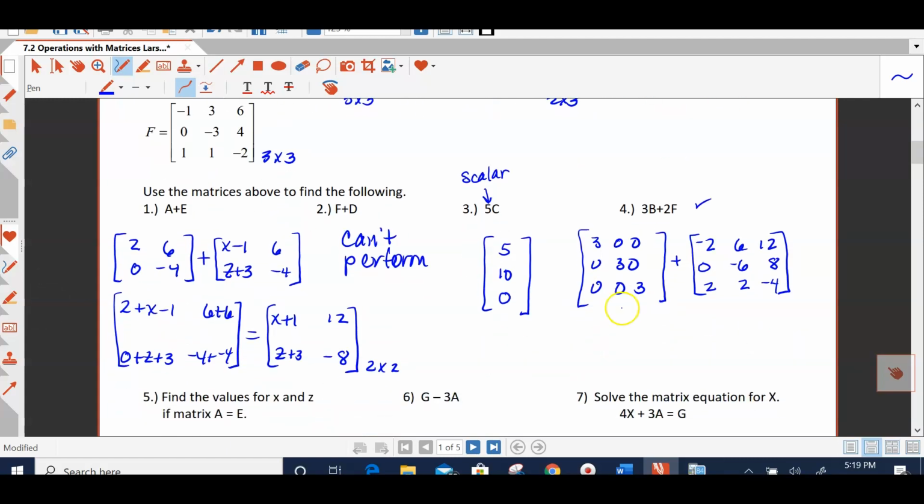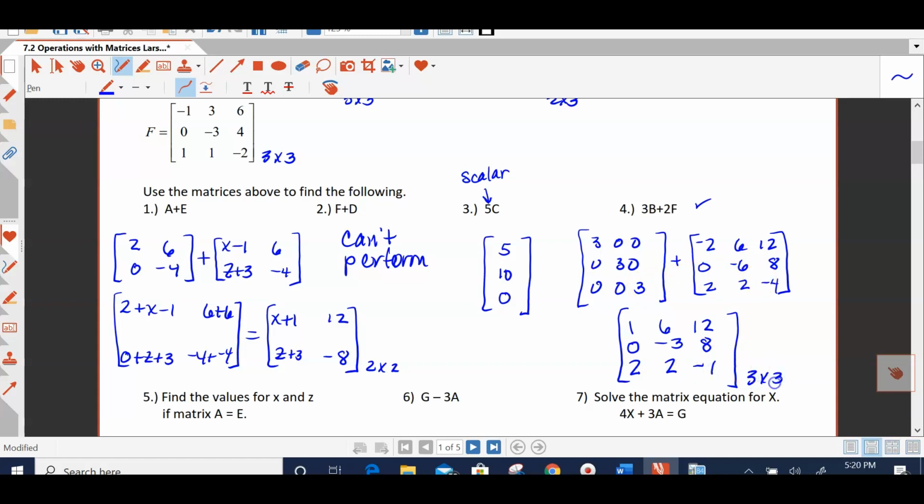All right, now let's perform that operation. Let's add corresponding entries. So 3 plus a negative 2 would be 1. 0 plus 6 would be 6. 0 plus 12 would be 12. 0 plus 0 would be 0. 3 plus a negative 6 would be negative 3. 0 plus 8 would be 8. 0 plus 2 would be 2. 0 plus 2 would be 2. 3 plus a negative 4 would be a negative 1.